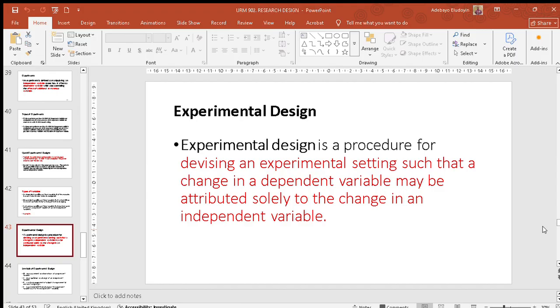And like I mentioned the other time, the dependent variable may be attributed solely to change in the independent variable, or may be attributed to other factors. And so you can have one independent variable or one dependent variable, and you can have more dependent variables or more independent variables. The example I gave the other time was the relationship between rainfall and crop yield.